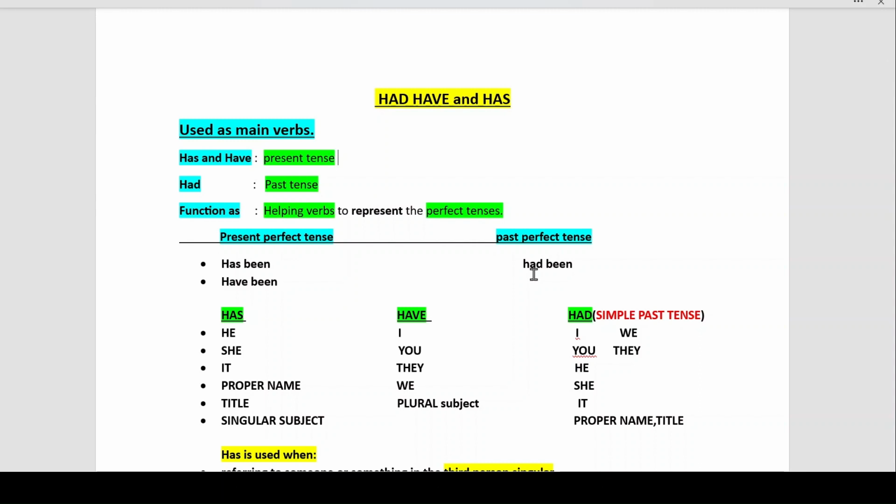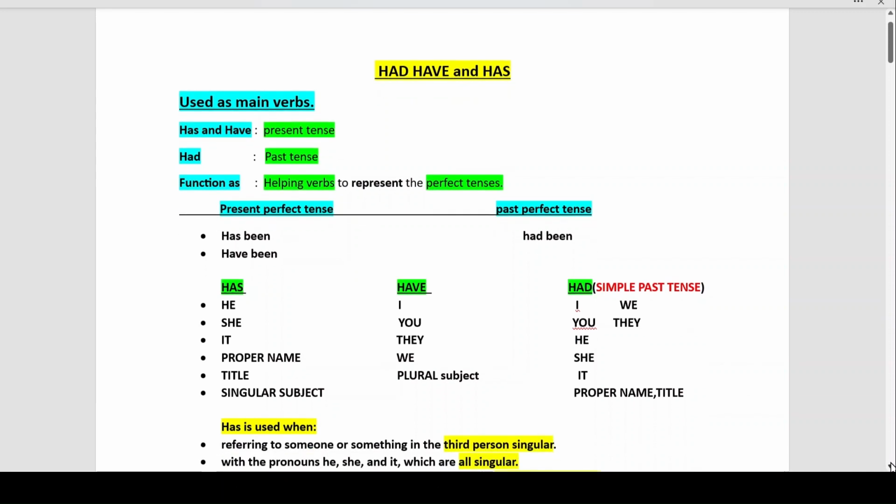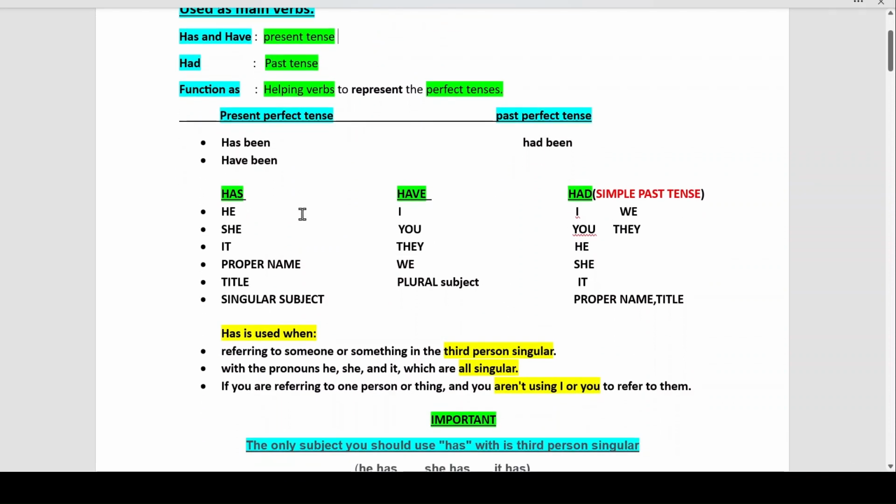Now, let us learn where we have to use this. With which subject pronoun or object pronoun do we use had, have, and has? Now, has is used when we are referring to someone or something in the third person singular. What do you understand by third person singular? Generally, a conversation is between two people.